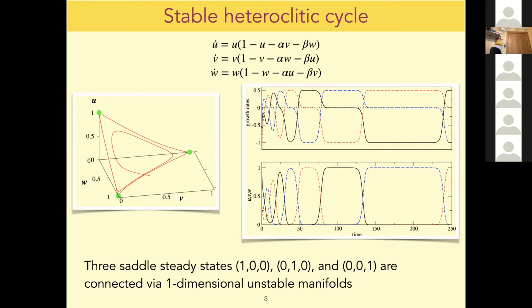If you look at the growth rates, these quantities in brackets are nearly constant. So there are long exponential pieces with switchings at this point. This is how a stable heteroclinic cycle works.